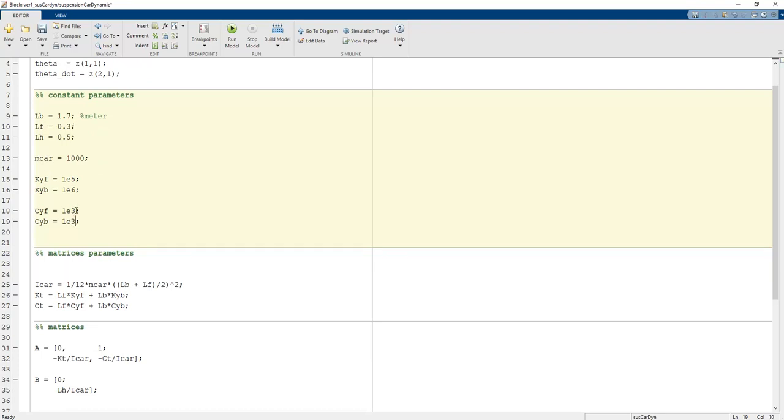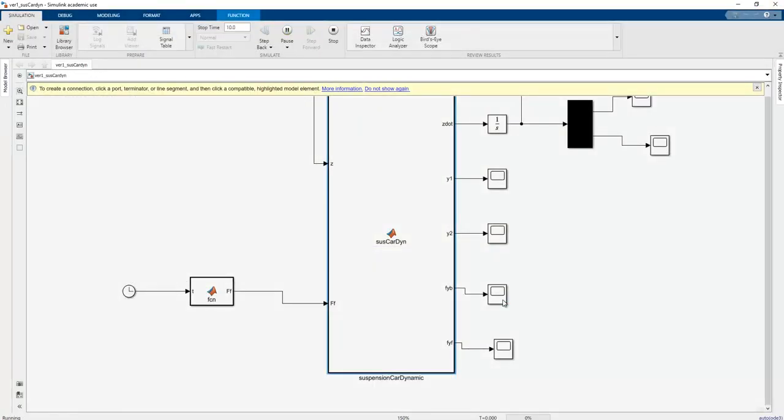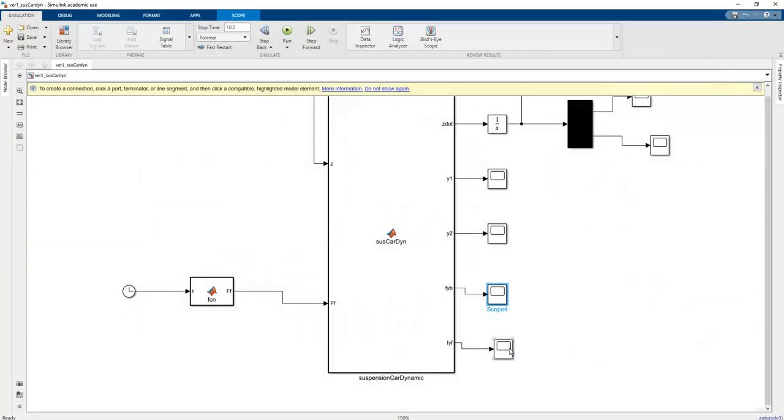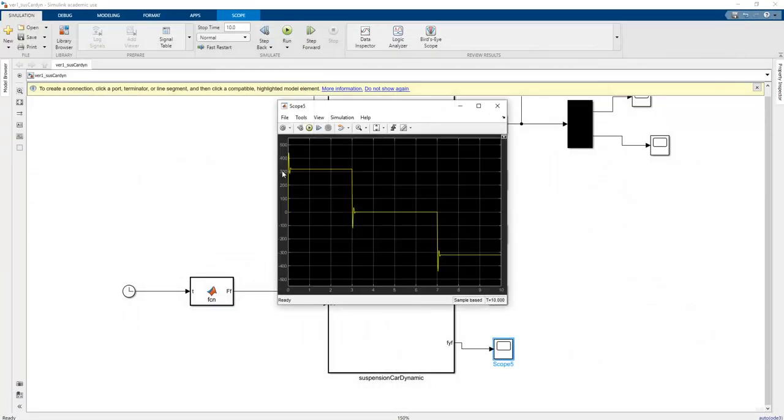Okay, and so in this condition the front force is much higher than the back one. And so if you rerun this program, the back wheel is decreased up to 200, and the front wheel is up to 300.